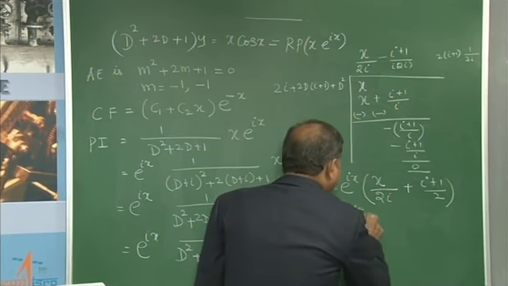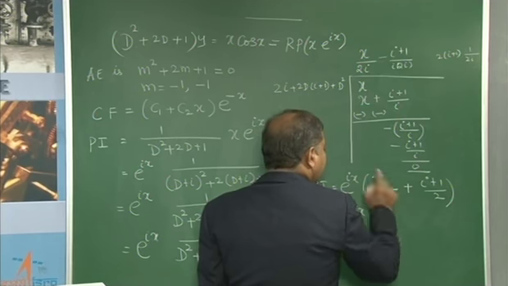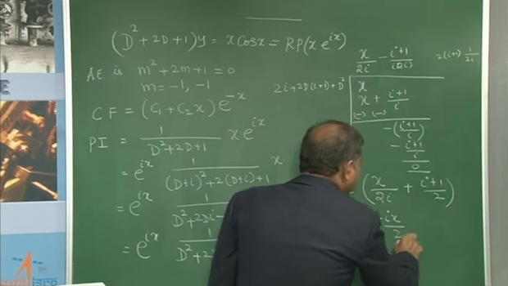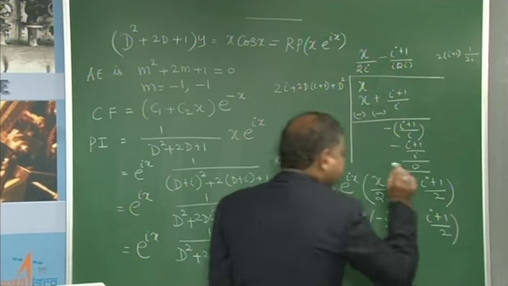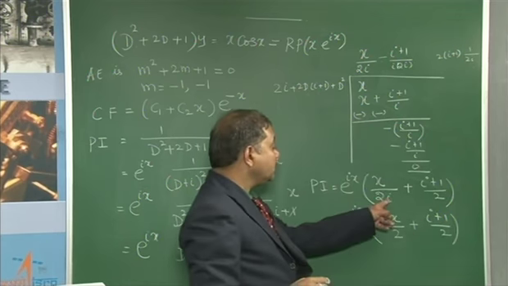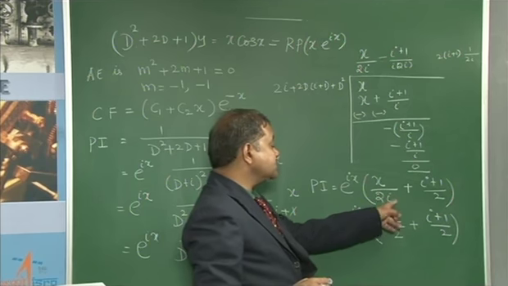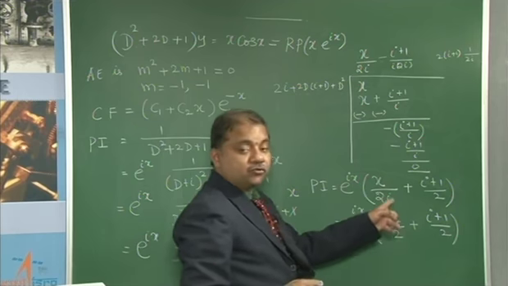E power ix, multiply one I in the numerator, one I in the denominator. So, I will get minus ix by 2 plus I plus 1 by 2. Here what I have done? Multiply one I in the numerator, one I in the denominator. So, it will become I squared. I squared is minus. So, minus ix by 2.